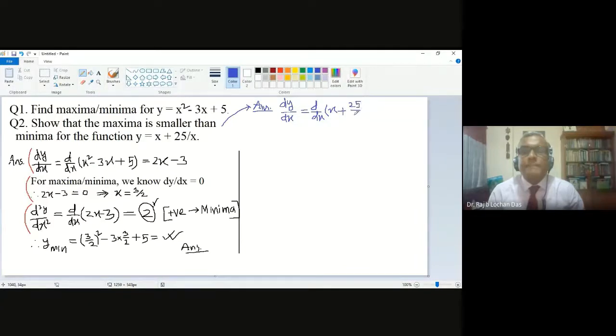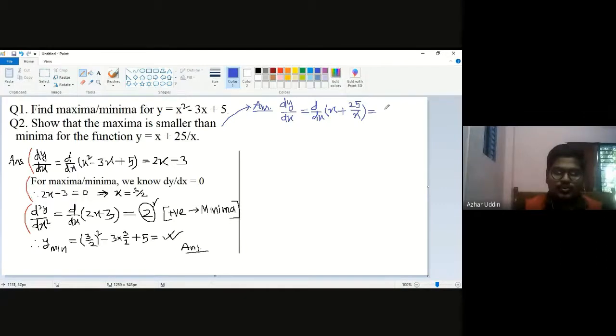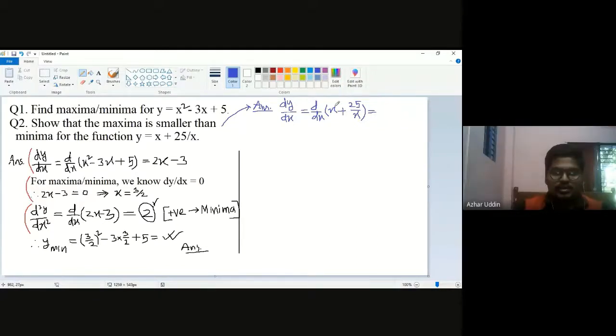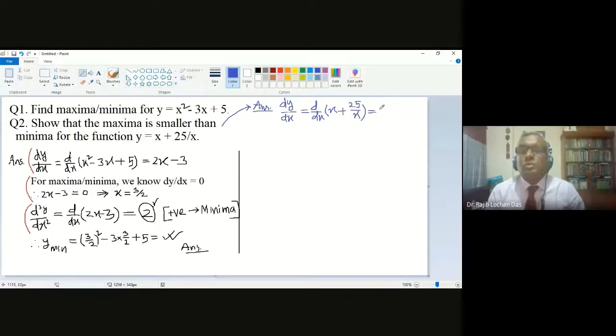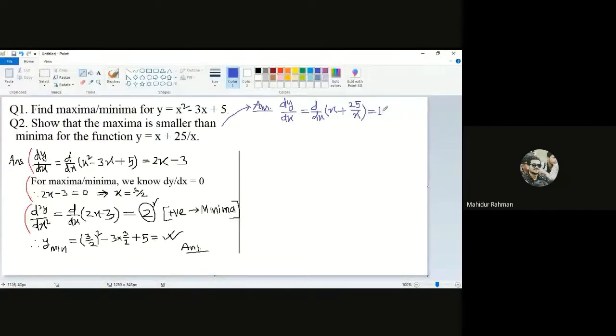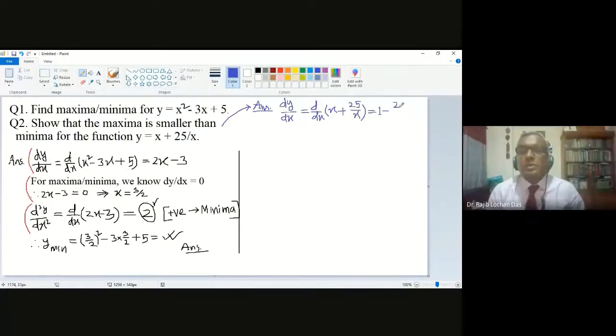For x it will be 1. Then 25 by x is 25 times x to the power minus 1, and when you apply the differentiation, it will be minus 25 by x square. So it is minus, not plus. So the answer is 1 minus 25 by x square.